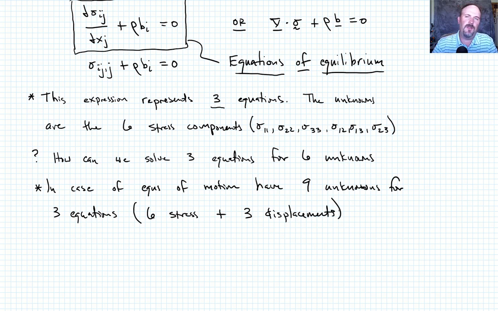I'd like you to think about that before you watch any of the next lectures, because we need to think about what pieces we need to integrate this into a solvable system of equations that we can prescribe boundary conditions on and then extract the quantities we care about. I think you know from your previous engineering courses that we need to know stresses, strains, and displacements. So how can we link all those together?